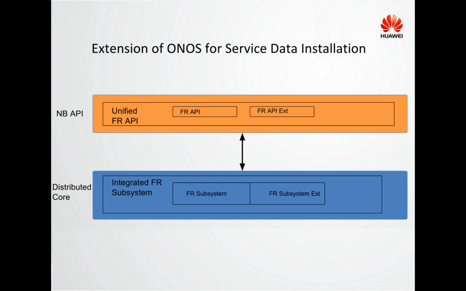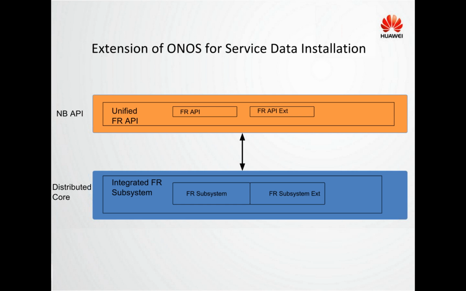Our purpose is to extend the ONOS flow rule API and also include the core. In the API part, we try to build a unified flow rule API interface. This interface will include the current ONOS flow rule API plus our extension API.